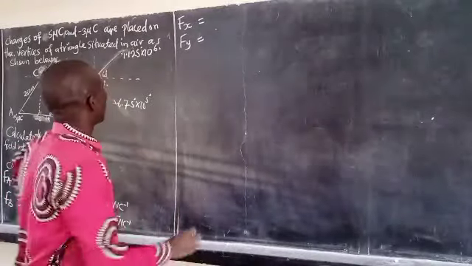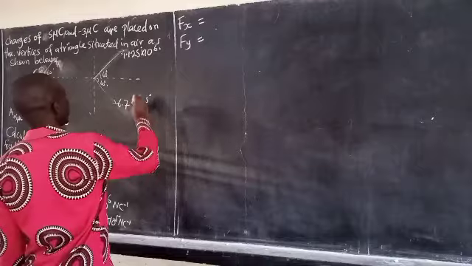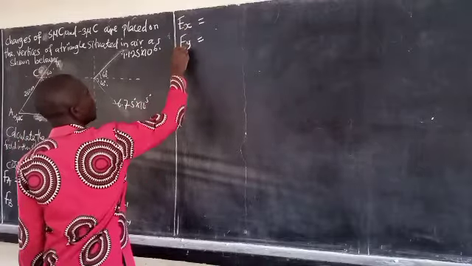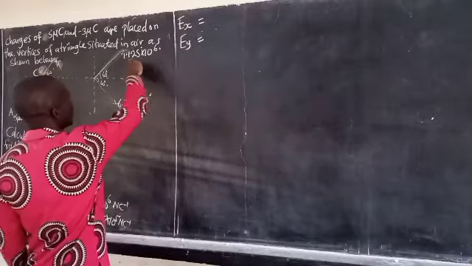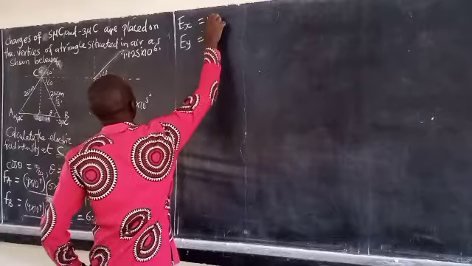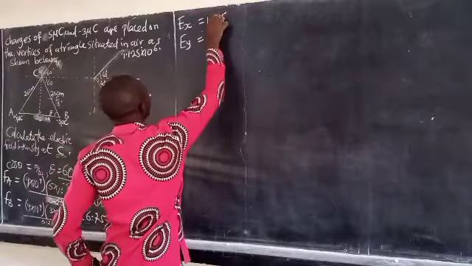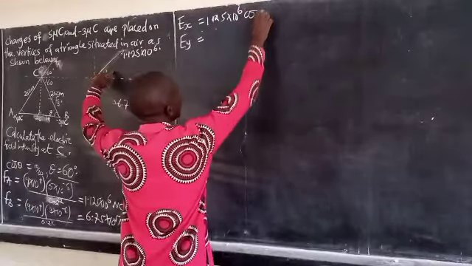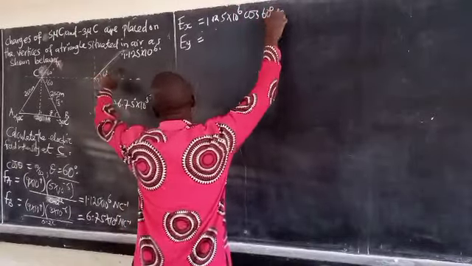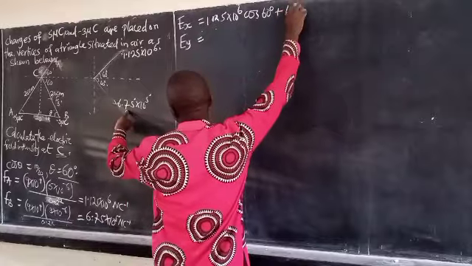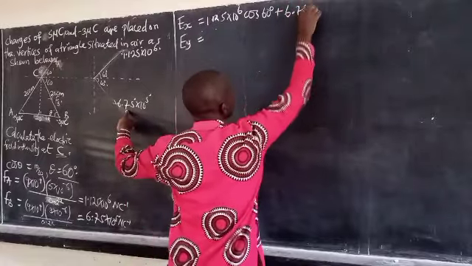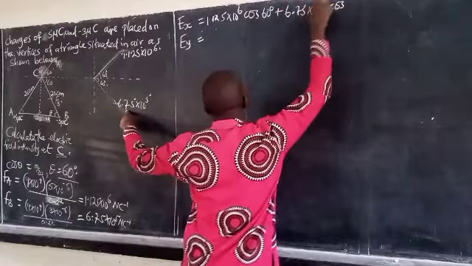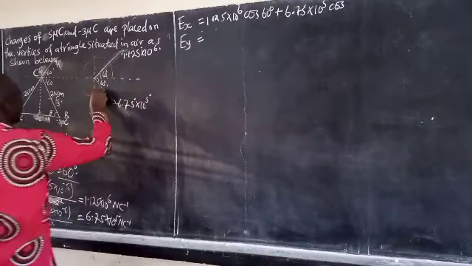So finally, when we get our electric field in X and in Y, the one in X will be 1.125 exponent 6 cos 60 degrees plus 6.75 exponent 5 cos of this angle, which is 300 degrees, the whole of that.